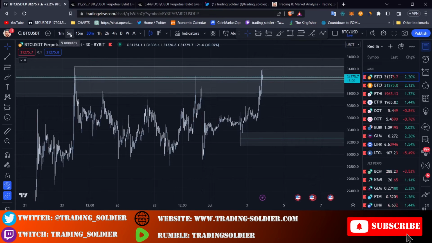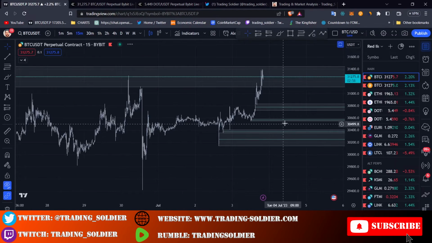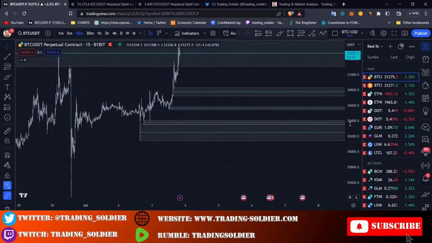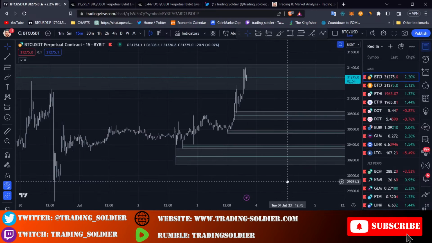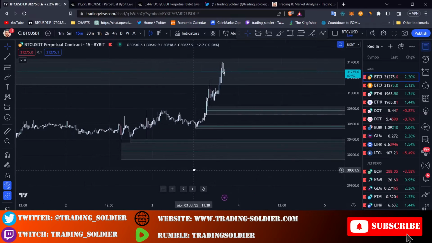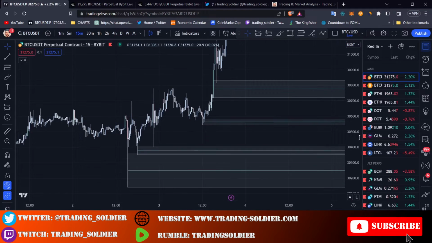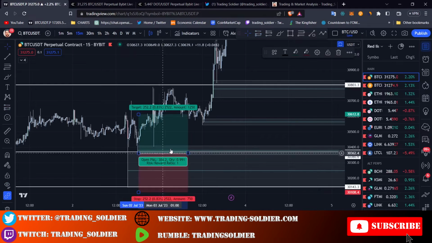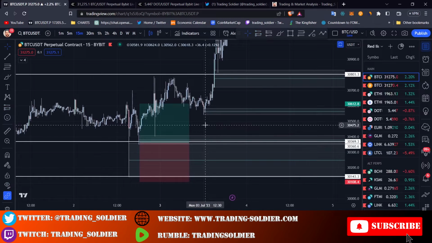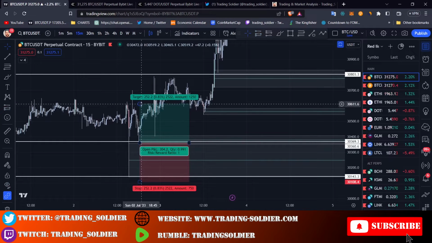For example, we go to the 50-minute time frame, and when you see that the price creates a bullish order block like right here, I will place a buy order right here. As I said before, this is the bullish order block. At the beginning of the line, I will place a buy order, whether in contracts, perps, or spot.